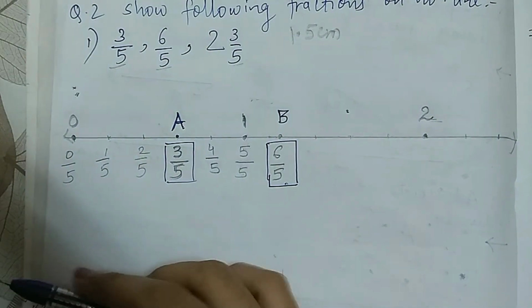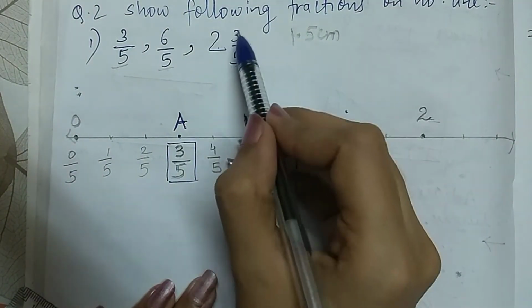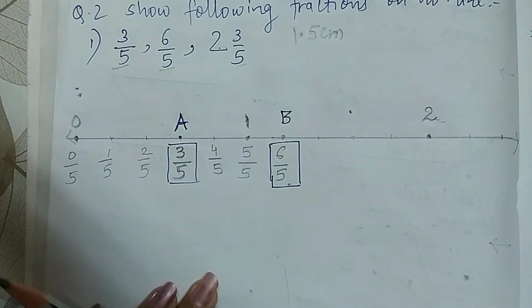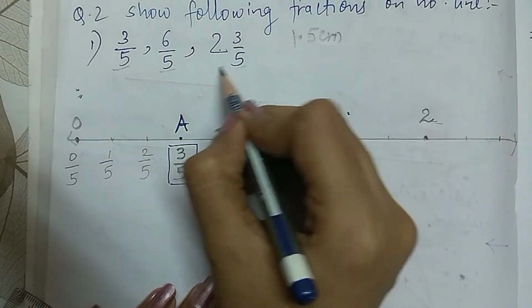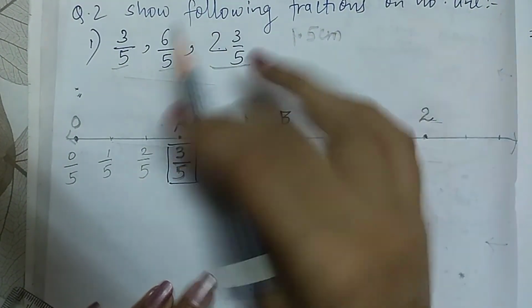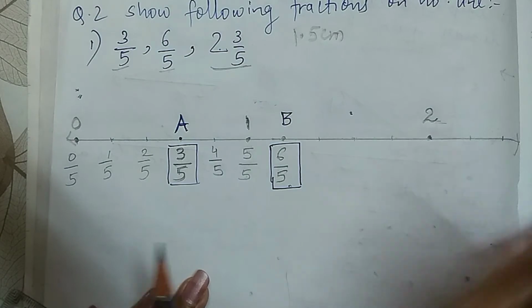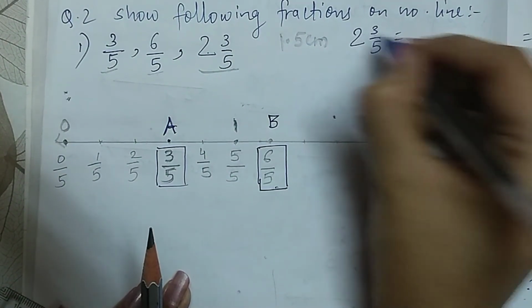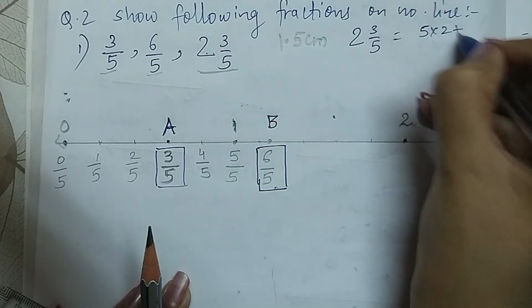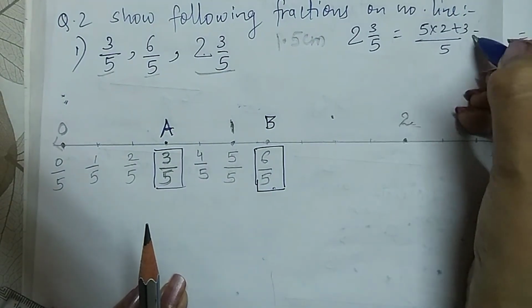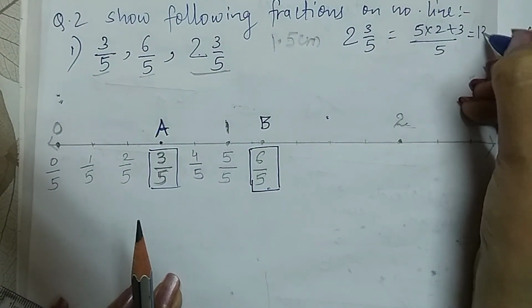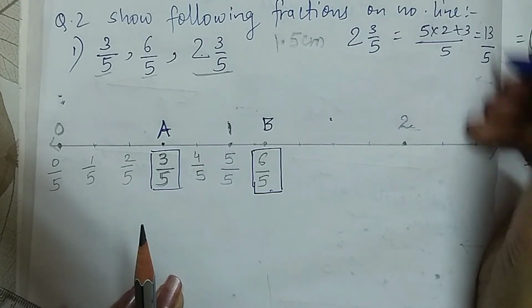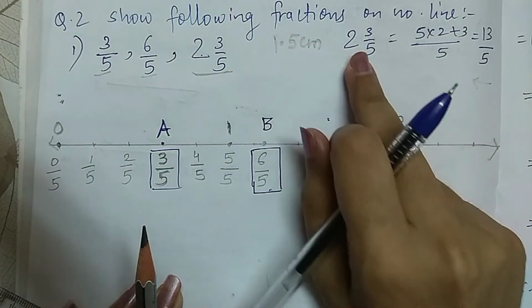Then now for this 2 3 by 5. There are two ways to solve this. First, let us convert this into an improper fraction. 2 3 by 5. So 5 into 2 plus 3 upon 5, which is 13 upon 5. We have to plot 13 upon 5 instead of 2 3 by 5.